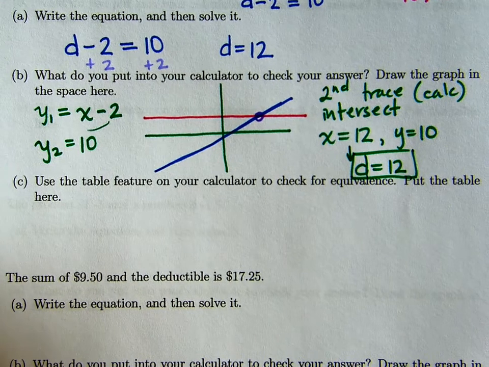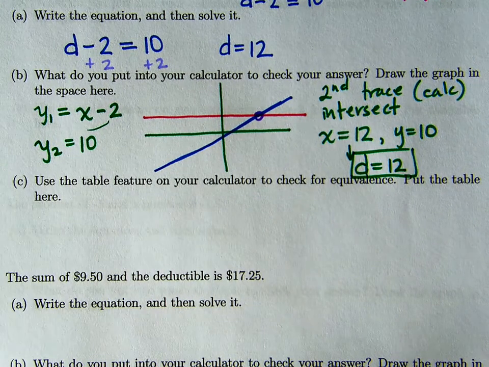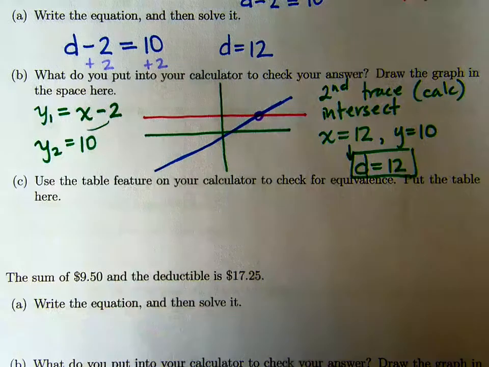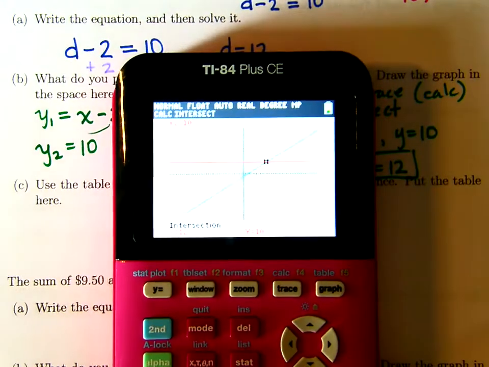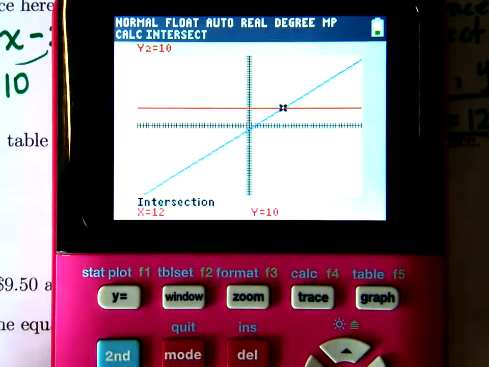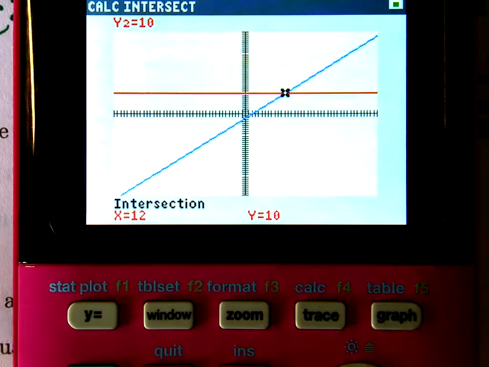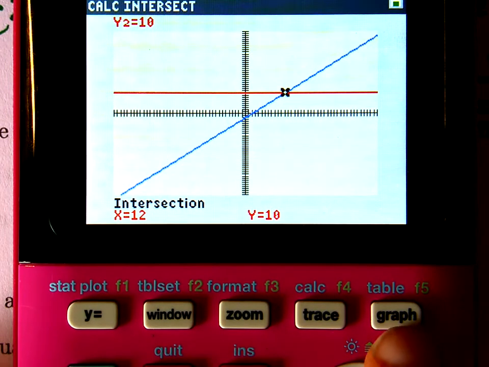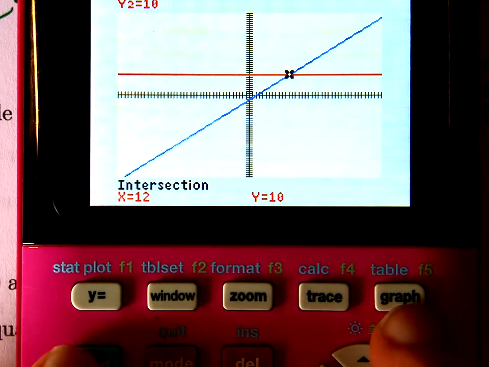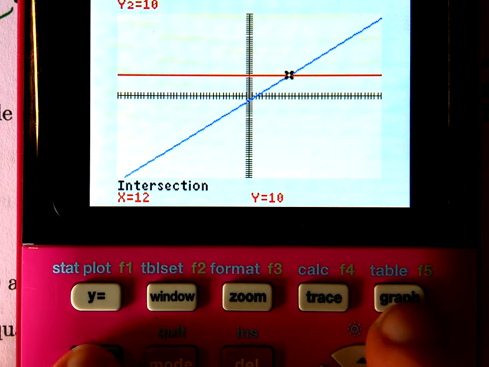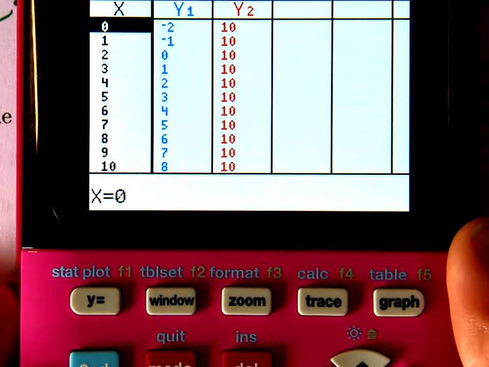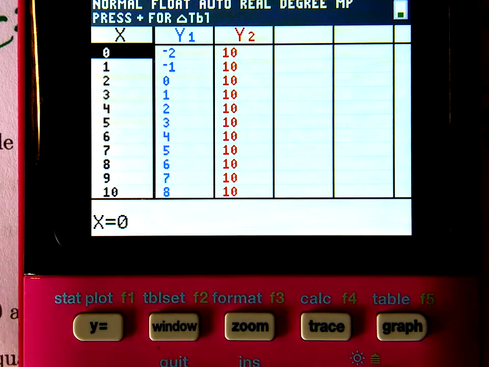Use the table feature to check for equivalence. Okay, hold on. Back to the calculator. Okay, so now instead of graph, I'm going to go second graph, because that's the table. And we see this.